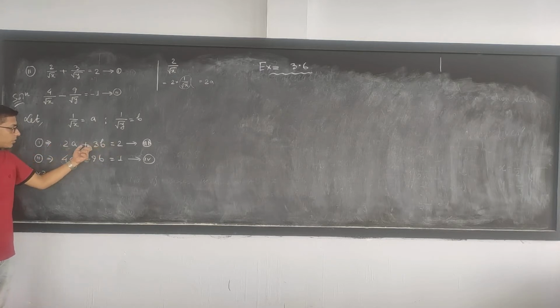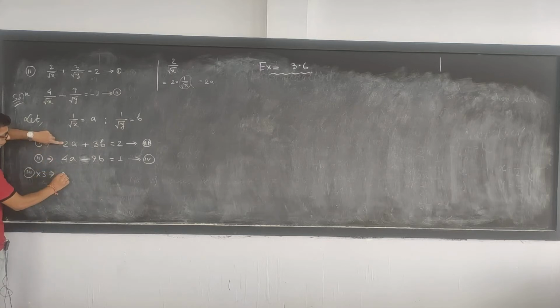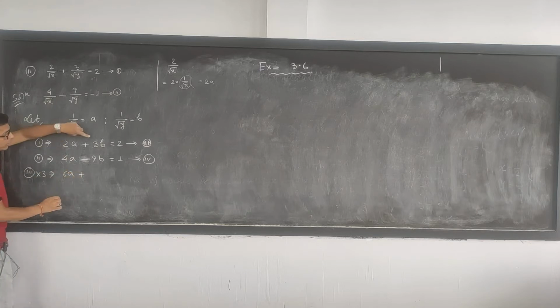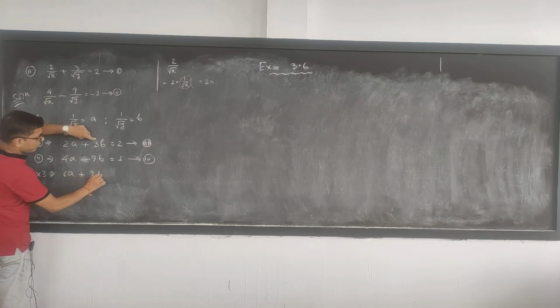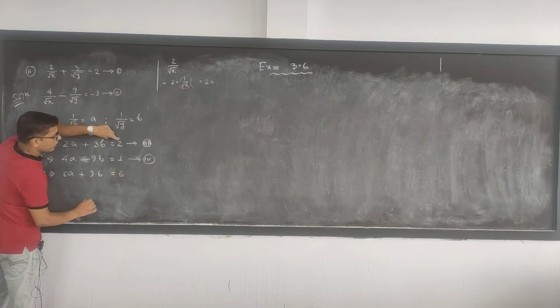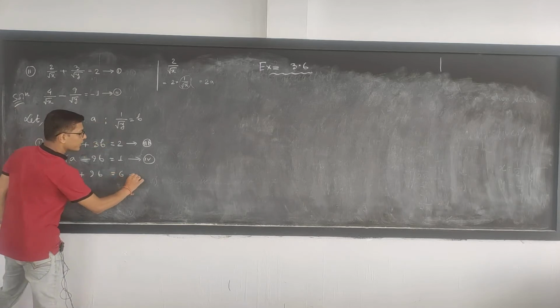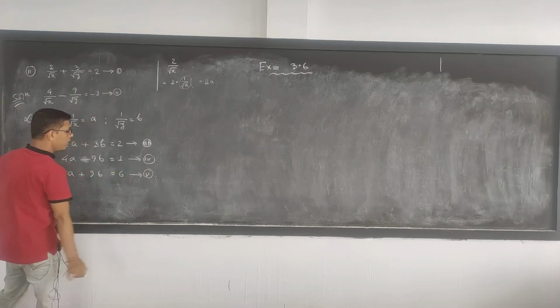So 9b positive, 9b negative, they can be eliminated very easily. That's why we have multiplied it with 3. A new equation is obtained, so let us name this equation as equation number 5.